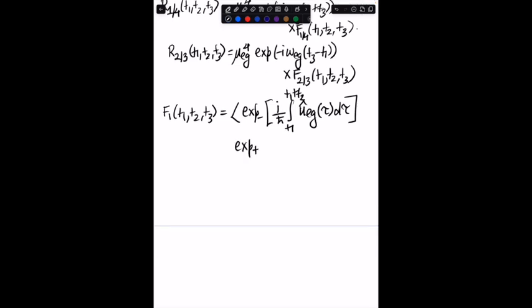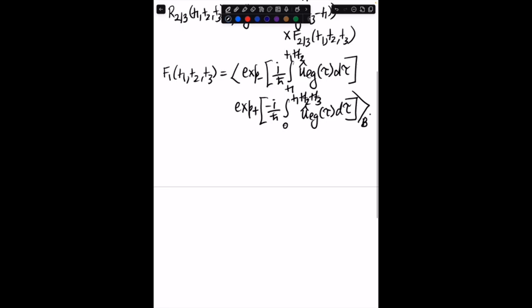And then you have a positive time-ordered exponential from 0 to T1 plus T2 plus T3 of the same energy gap operator. So this is an equilibrium bath ensemble average, and then likewise you have a negative time ordered exponential and a positive time ordered exponential.